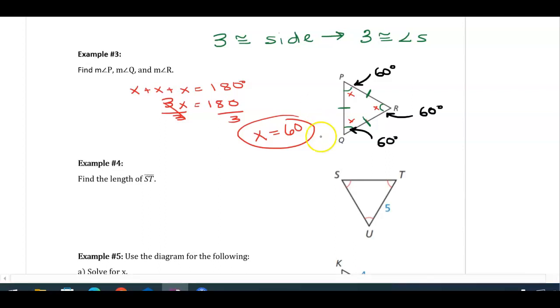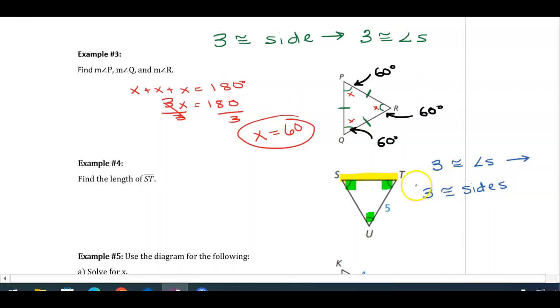Now let's look at example 4. It says find the length of ST, and ST is right here. Notice in this triangle, all three of these angles have the same markings, which means all three of these angles are equal. Like I told you before, if I have three congruent angles, that means I have three congruent sides.